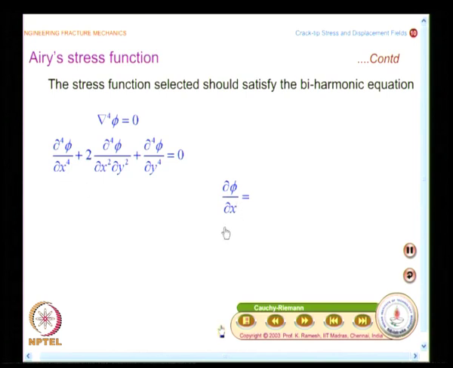And when I have to do this, we have already defined the phi. So, what we are really looking at is, we have to get the differential of real part of z double bar, that is dou by dou x of real part of z double bar plus y into dou by dou x of imaginary part of z bar.